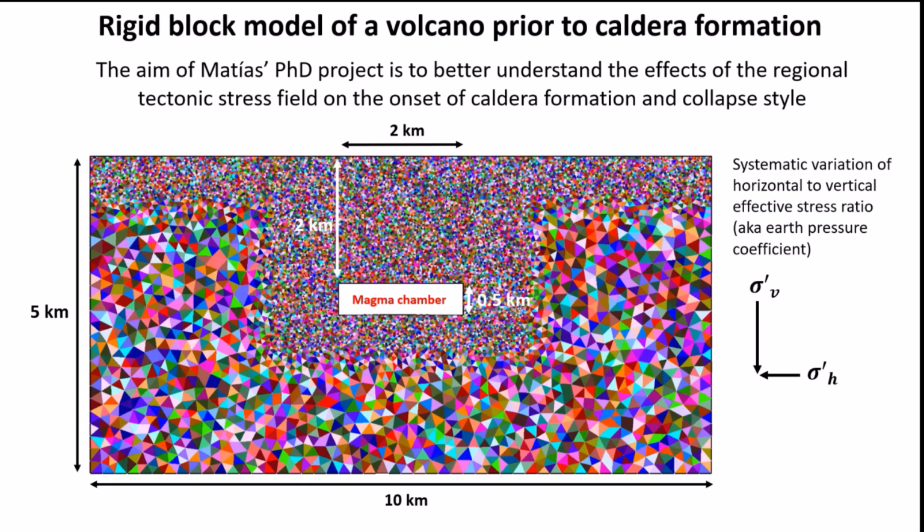An important thing that, surprisingly, no one has looked at before is the effect of the regional stress field. This can be nicely expressed as the earth pressure coefficient. I'm sure you have all heard about it. We assume a critically stressed crust that is in a Rankine state.